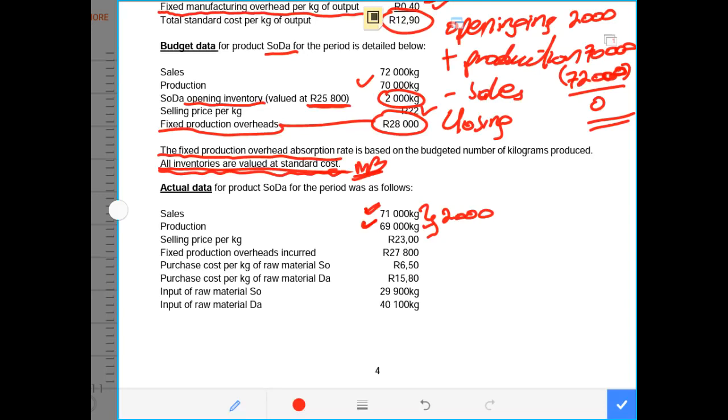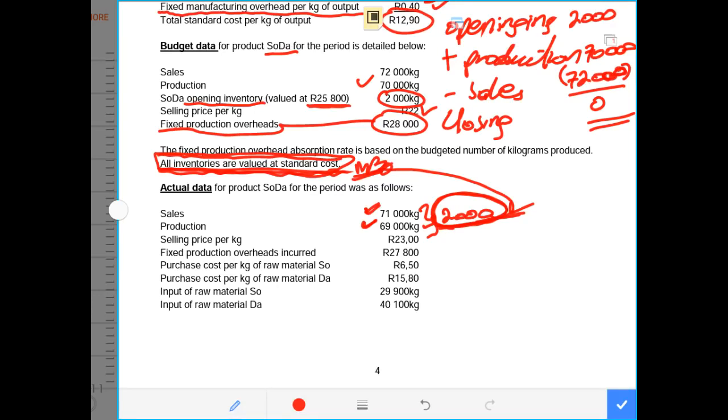Now to go to the sentence I mentioned, it is very important to note where they said all inventory is valued at standard cost. We can see that we have 2,000 units of opening inventory. Remember that opening inventory is calculated at the cost of production of the previous period, meaning whatever the total cost was to manufacture this inventory in the previous period becomes the cost of this opening inventory in the current period.